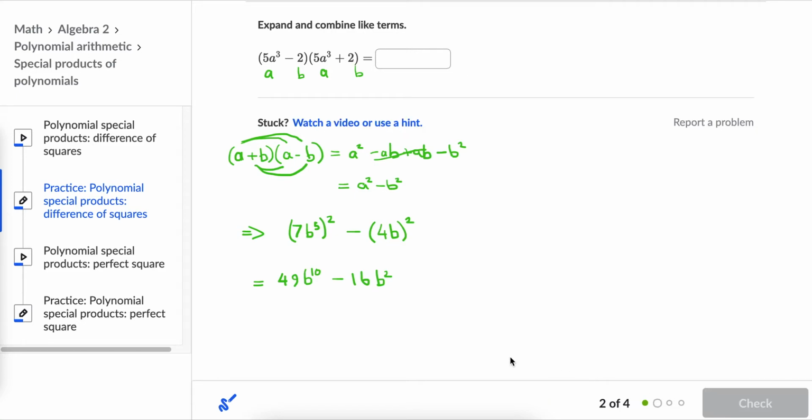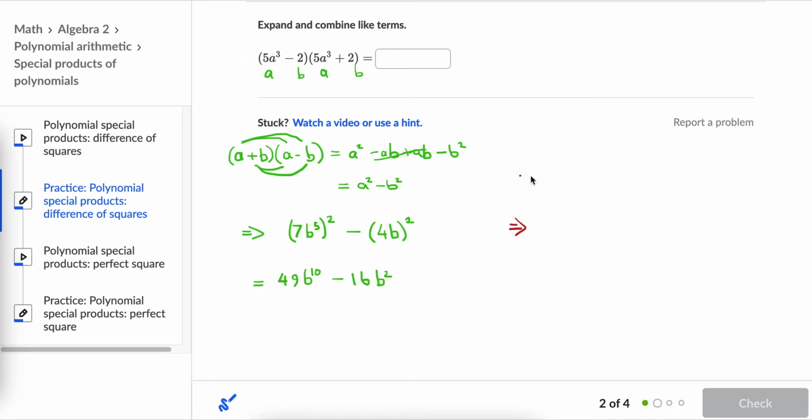Once again, I'm going to choose a different color and leave everything on the board. We've got our a and our b. Notice this is a plus b, a minus b; it doesn't matter which order you put it in. Our a's are the same, our b's are the same, so we can apply the exact same rule.